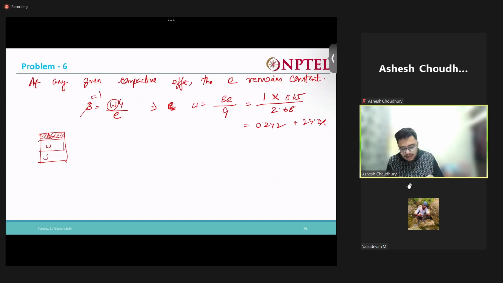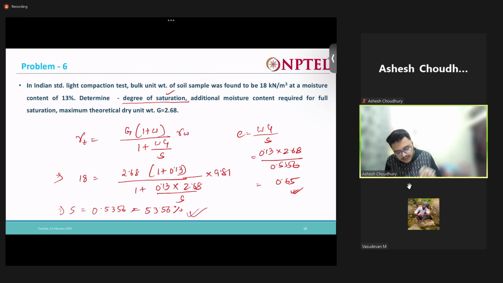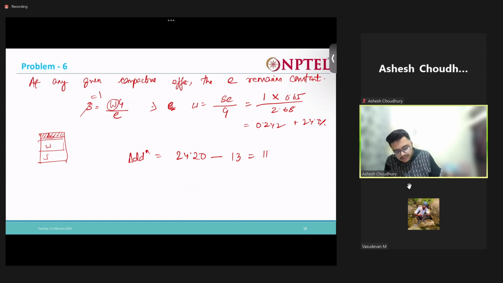Now it has been asked that if 100% saturation is to be maintained, meaning the remaining voids are to be filled with water, how much extra water content do we need? So we put saturation equal to 1 and determine the water content. Very simple. It was 24.2, and we already have 13%. So additionally 11.2% of water we need to add so that our soil is completely saturated.